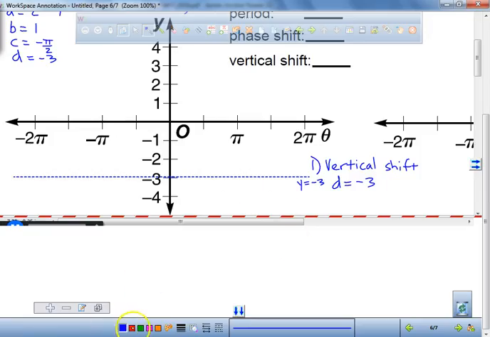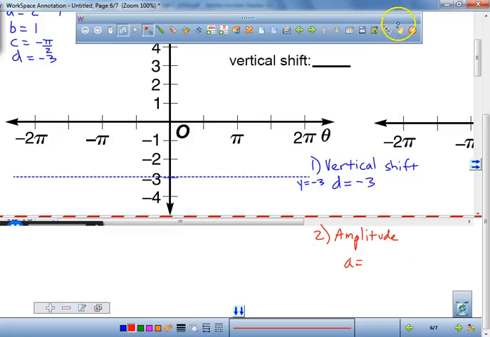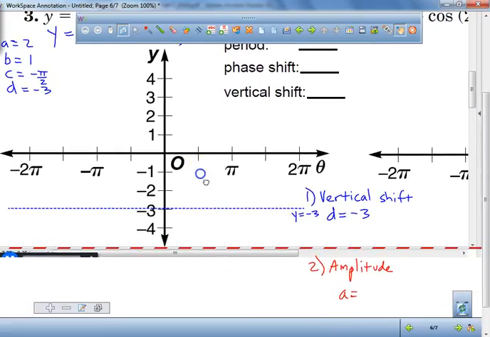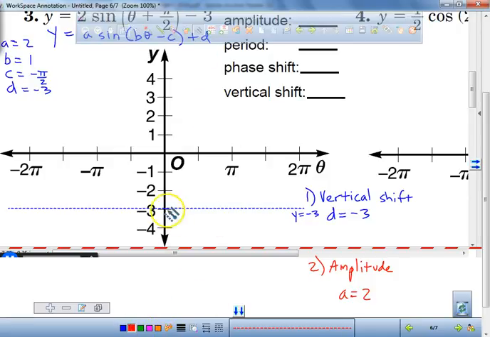All right, step number 2. What I like to identify is the amplitude. My A value is 2, so my amplitude is going to be 2. So I'm going to go up 2 units from my midline and draw another line, and 2 units down.